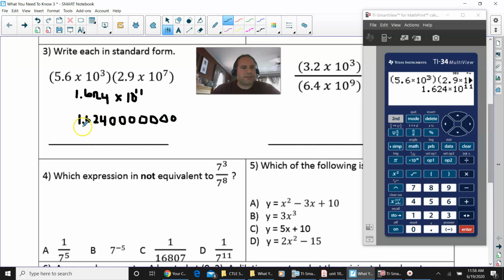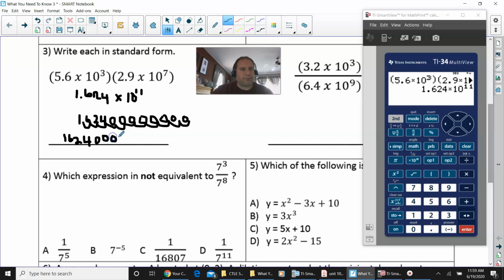As I'm moving this decimal, I'm going to count 1, 2, 3, 4, 5, 6, 7, 8, 9, 10, and one more, 11, and I'm going to add a 0. So that number, whatever that number is, and I'm not even going to try to say it, cannot fit on the calculator screen, and that's the reason why it gave it to you back in the scientific notation.